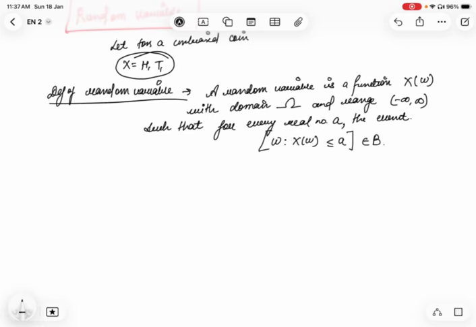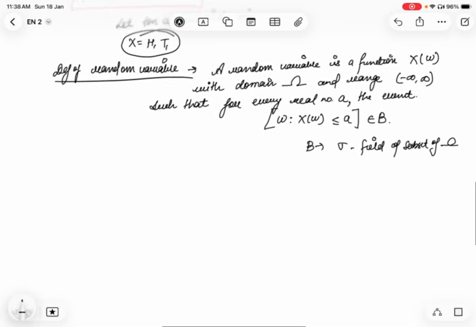So what is B here? B is the alpha field of subsets of the sample space. The definition is not important for the exam topic; I just wrote it down so that you know the definition. How will you write it? Suppose you are given probability of X less than a. You will write probability of {omega : X(omega) is less than a}.